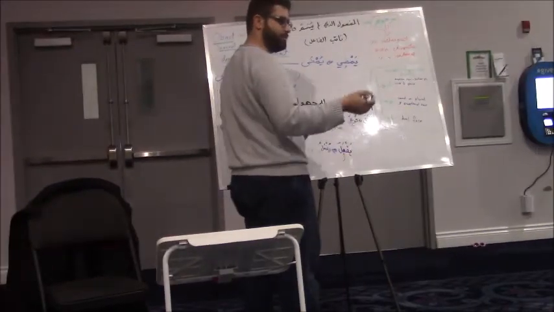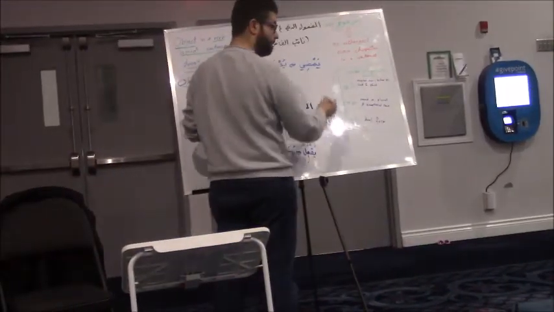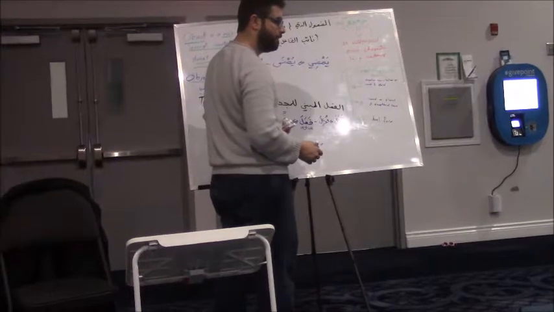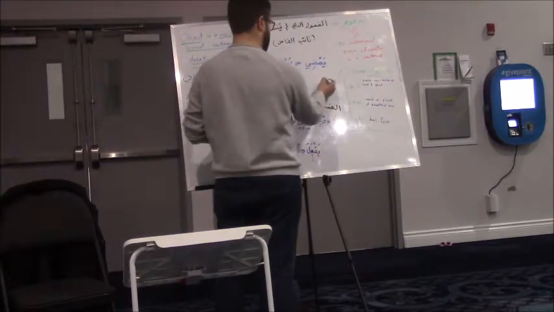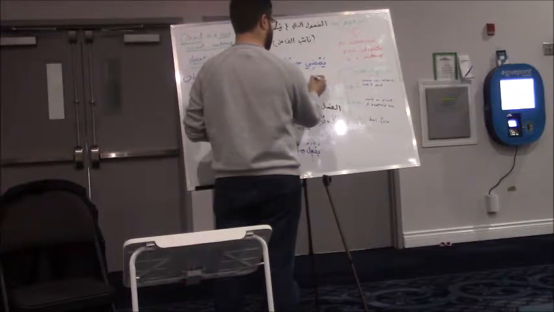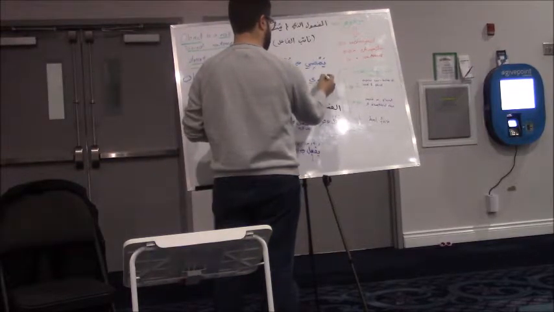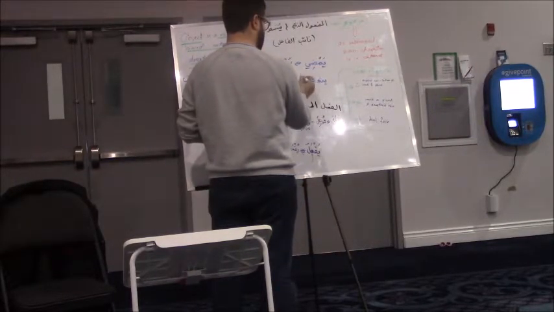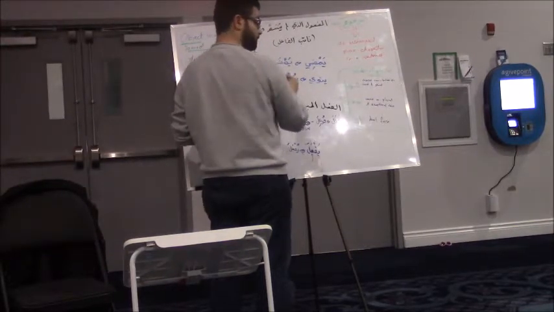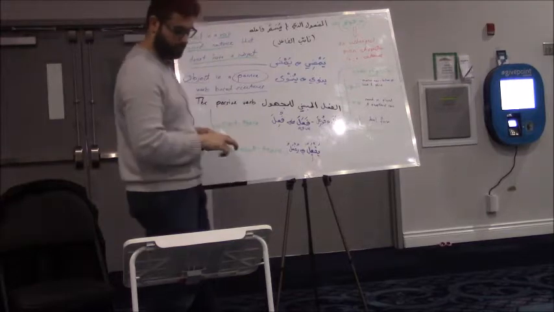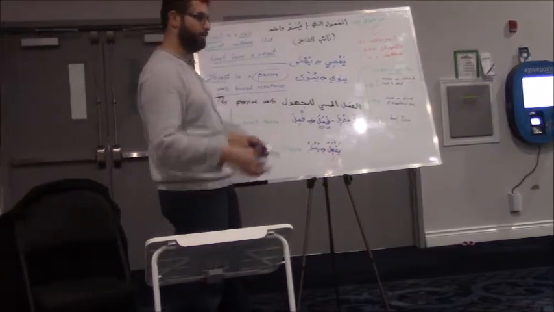Give me more examples, think of something. Yanwi, like nawa, like yanwi. Yeah, so you say yanwi, and you would say yunwa. That's fine. No, that's the whole point of this. Why I'm teaching people, PhDs in Arabic.